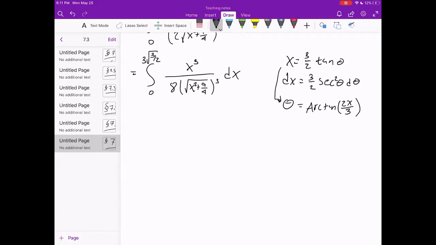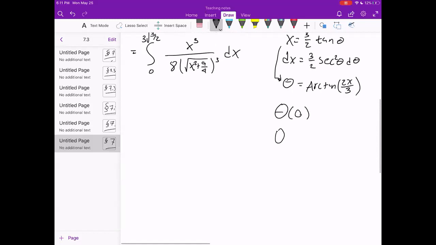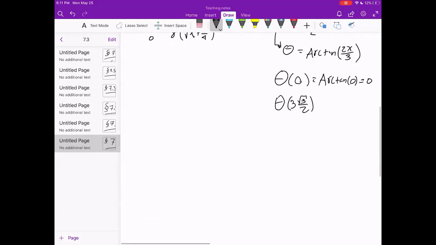The reason I need the theta part is I need to change my bounds of integration. So I'm going to plug in x equals 0 and x equals 3 radical 3 over 2 to change my integration bounds. So when x equals 0, I have the arctan of 0, which is 0. So tangent of 0 is 0, so the arctan of 0 is 0.